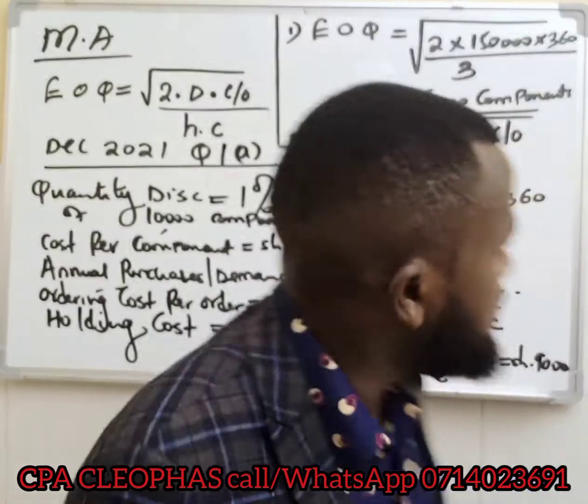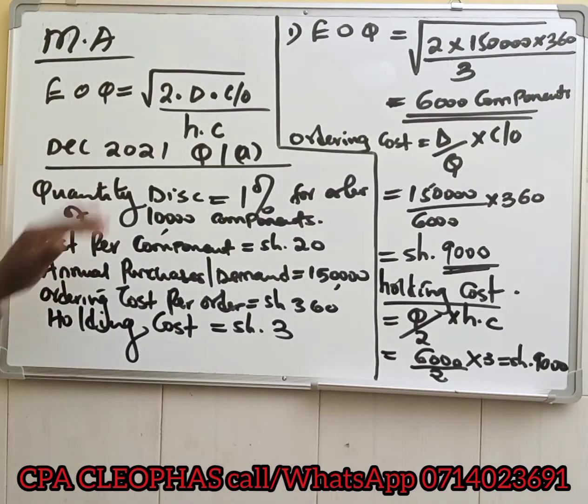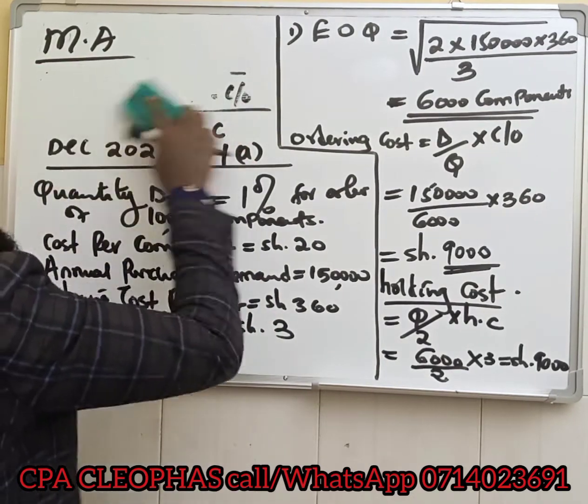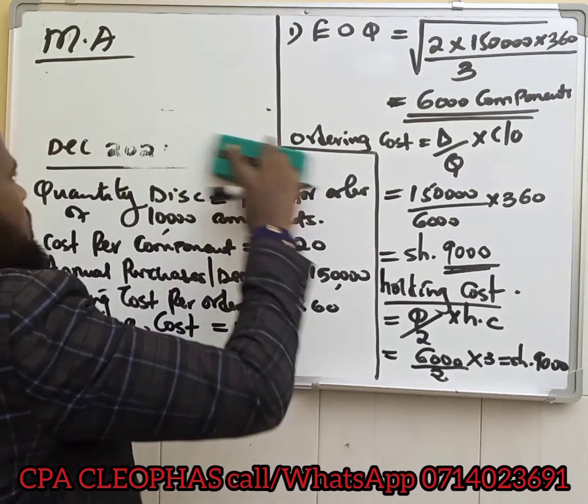Now, allow me to use this side of my board here. We get the total cost with the discount, or you can start without the discount.